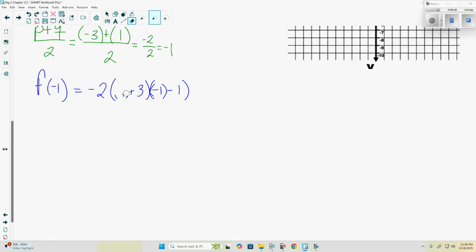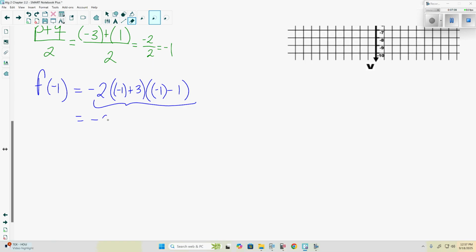So we could say negative 1 plus 3 and negative 1 minus 1. We could put the parentheses around it just to make sure. Don't necessarily need them. So if you put them, you're going to get the same answer. If you don't put them in this case, you will still get the same answer. And again, at this point, we could type this whole thing in just like we see it here, and it would give us an answer.